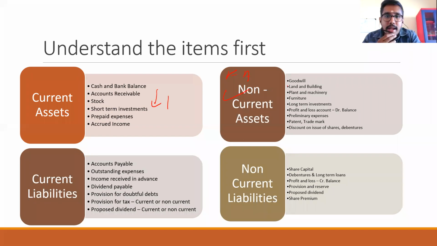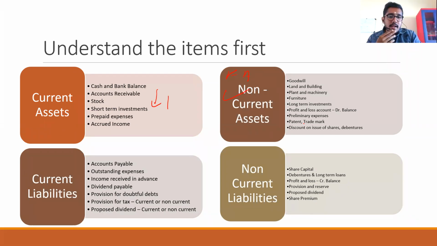Goodwill, land and building, plant and machinery, furniture, long-term investment, P&L account debit balance. What is the P&L account debit balance? Net profit. Profit or loss?